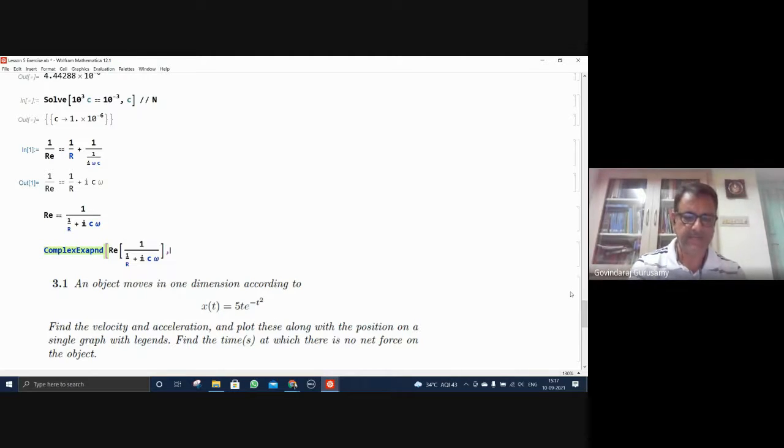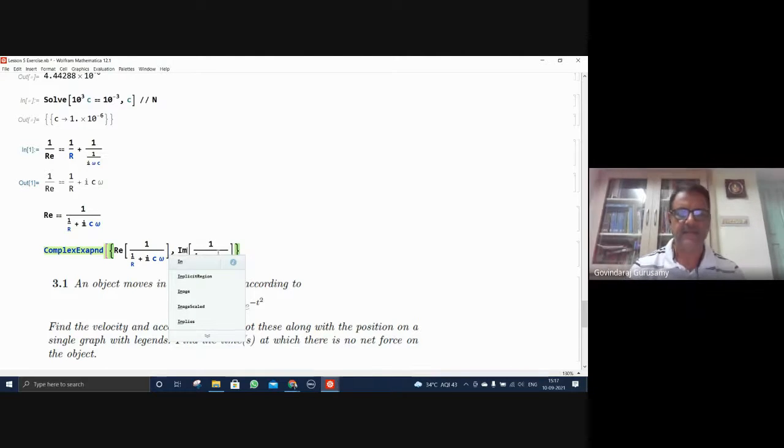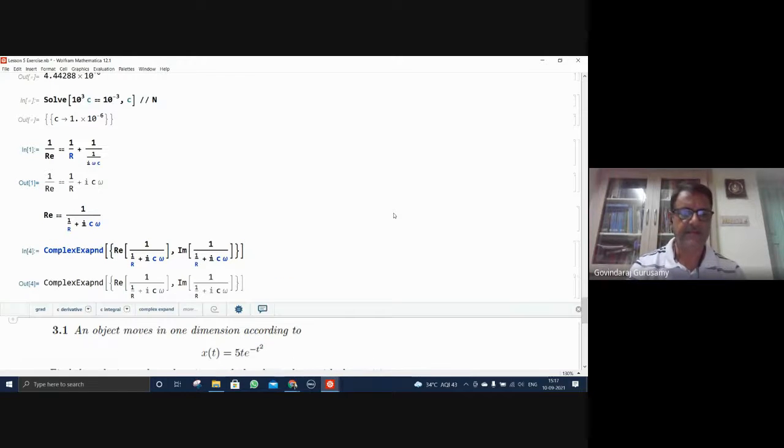And I want to have an imaginary part. Put them in a list so that they will be on a list, and you make this as an imaginary part. This is the complex expand thing which we have learned, and close it. Look at that, whether this is coming properly or not. The real part and imaginary part, complex expand.